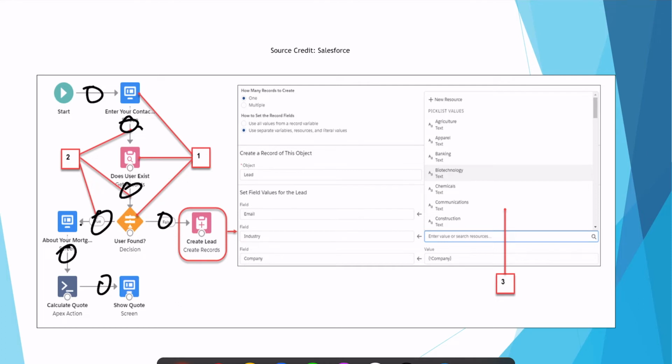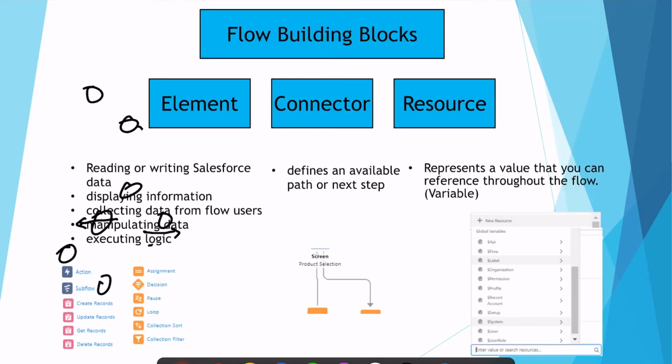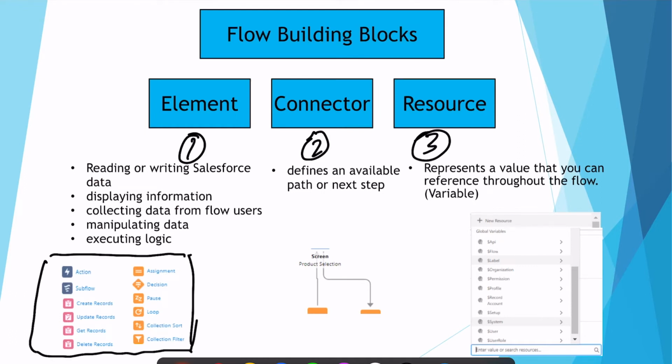Here the decision element checks if the user is found. If the user is found, then this connector will connect the execution to the next screen. If the user is not found, then this connector connects with the Create Record element of the flow. So these connectors are the deciding factor in the design of the flow, the direction of the flow.